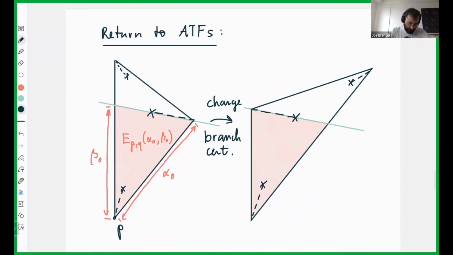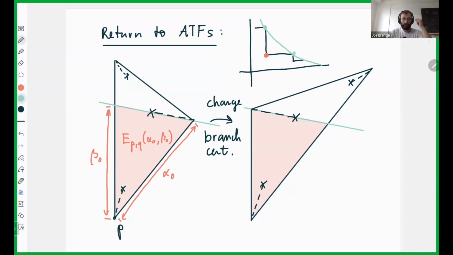So we return to the ATFs for a second. And remember that we are in the staircase. So let's say we are in a staircase that looks like this somehow. And now we're close to a point here where the green points lie on the volume constraint, and the red point is the worst.